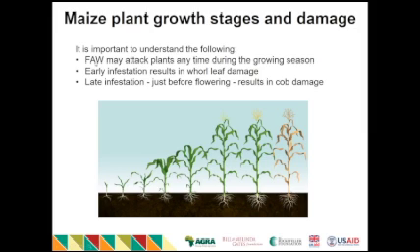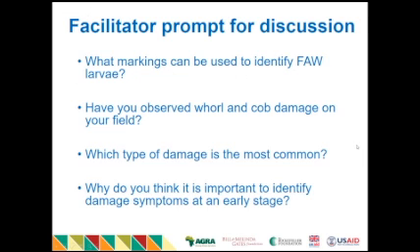So fall armyworm prefers to attack young plants that are still soft and growing nicely, but early infestation results in whorl damage, and late infestation results in ear damage or cob damage because the larvae can't feed in the whorl anymore and they have to climb out and start feeding on the ears, and that is why we get cob damage with late infestations.